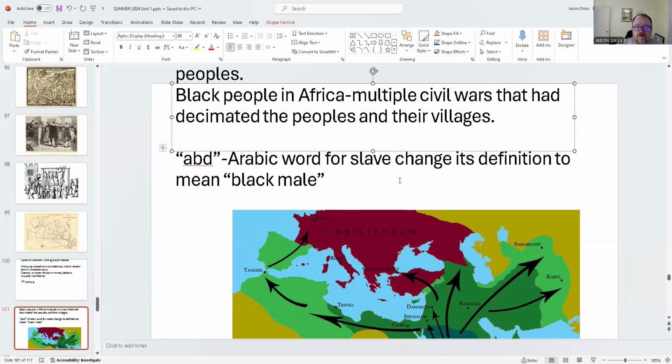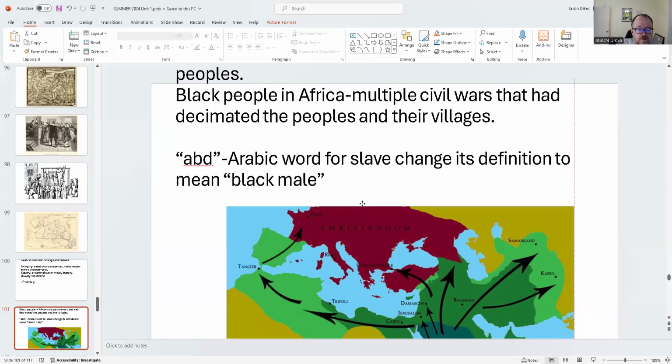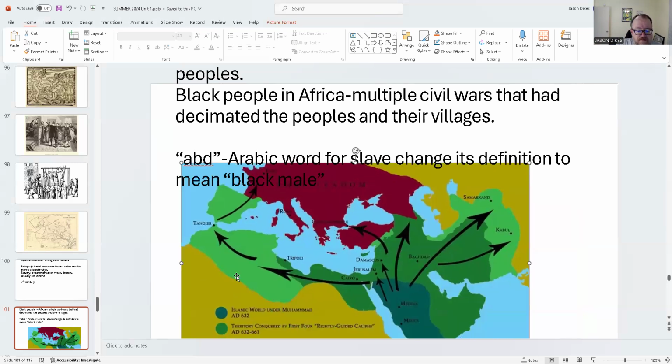So the idea of blackness and slaveness really began to become very, very ingrained. And so a lot of the African population was initially enslaved out into these other parts of the world, as well as within this region.